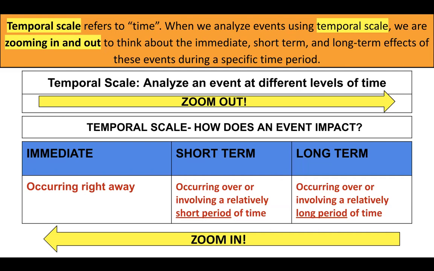When we're looking at temporal scale, another way you could tell them that we're doing it is that we're zooming in, right? That intimate view, and then we're going to zoom out. We're going to look at the zoom in, which is occurring right now, that immediate, and then we're going to start zooming out a little bit more to look at just a short period of time, and then we're completely zooming out, and we're going to look at, over a long period of time, what was the impact and consequence of this historical moment?